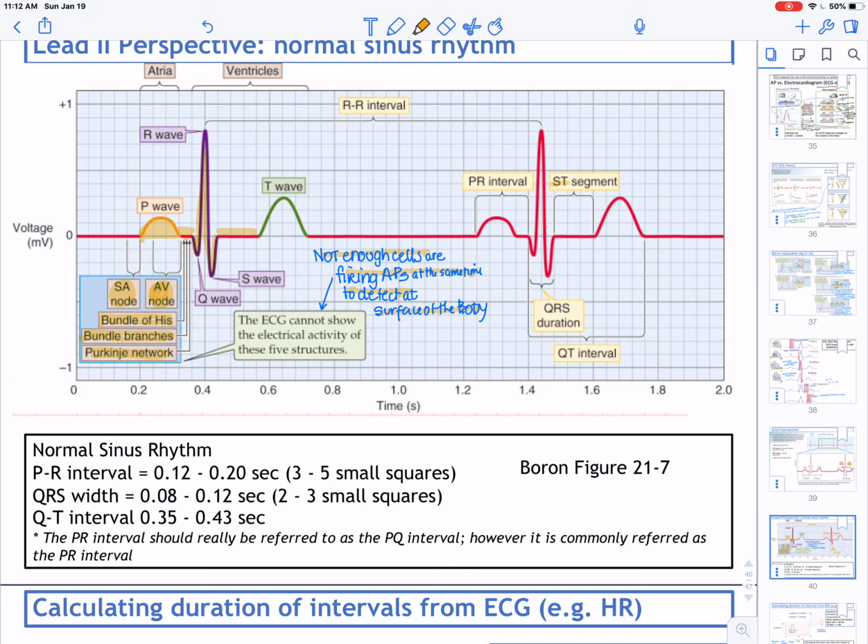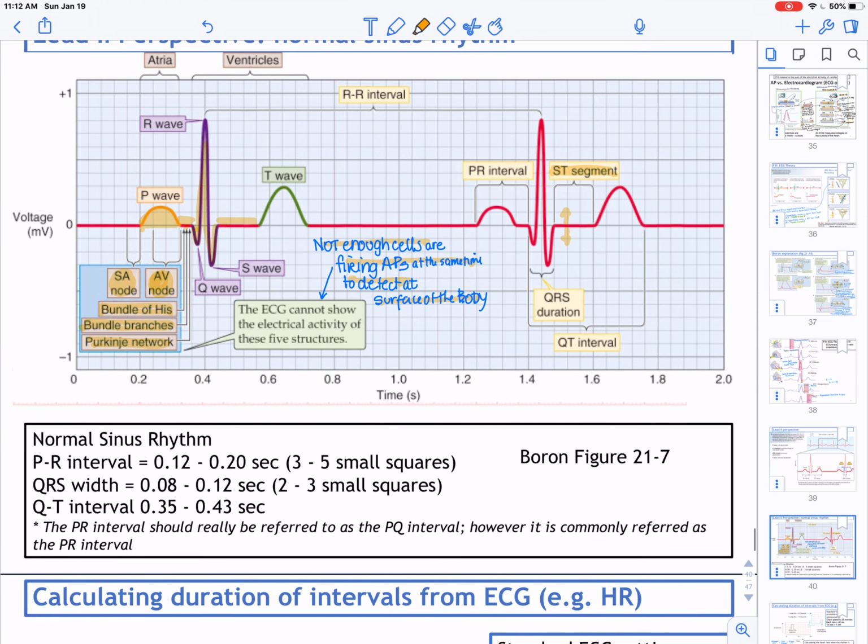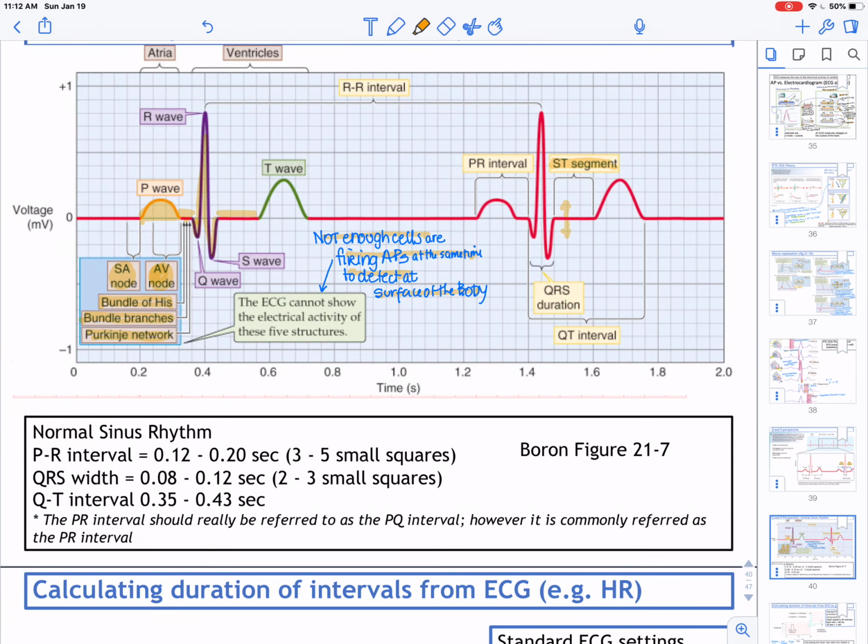ST segment amplitude variation, so if there's a shift in the upward or downward direction, often accompanies myocardial infarction, and so that can be super important and significant.